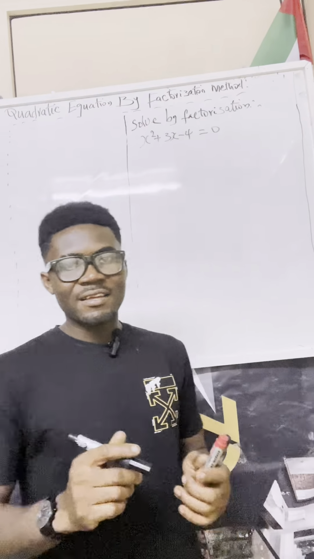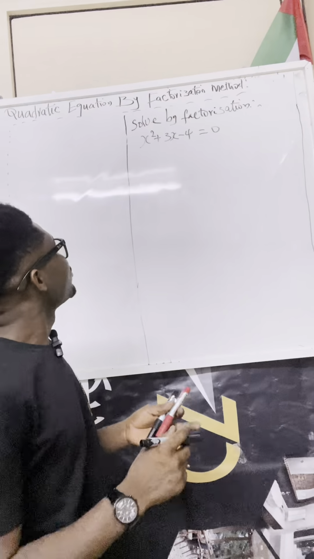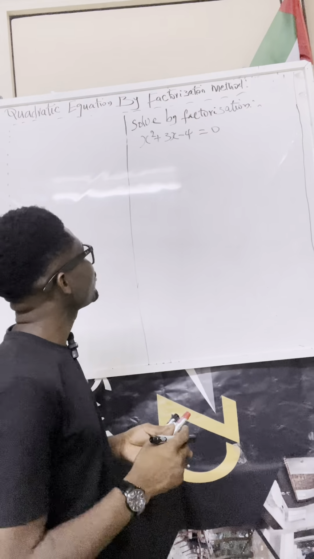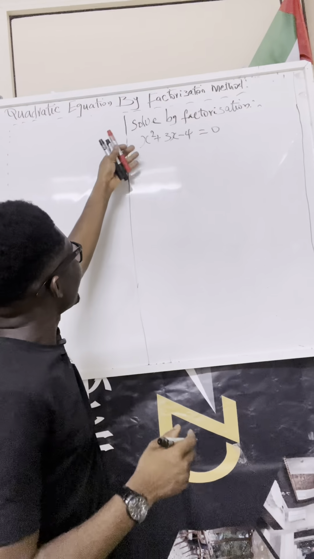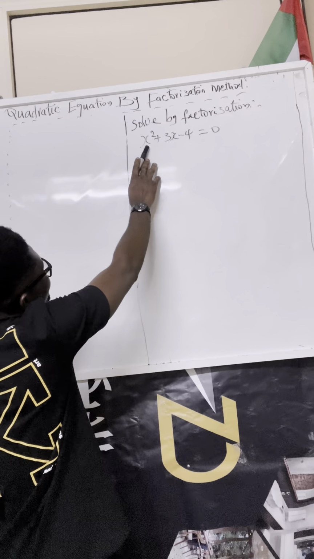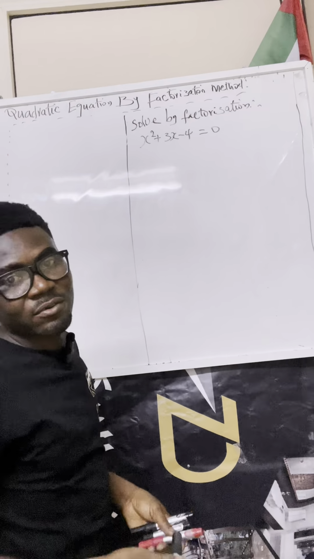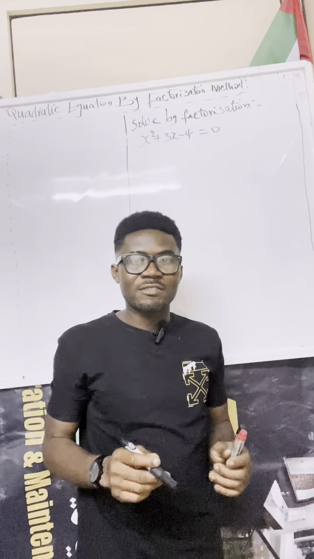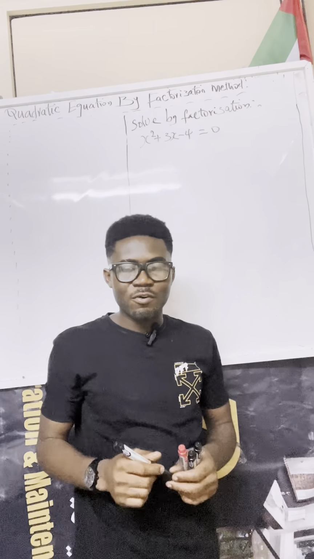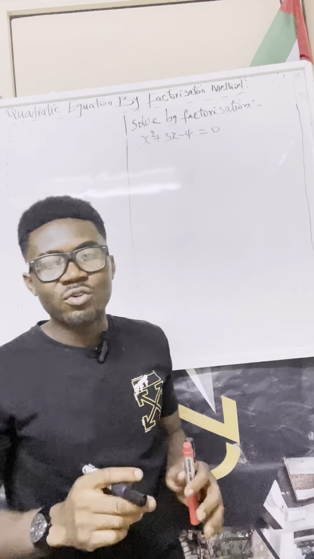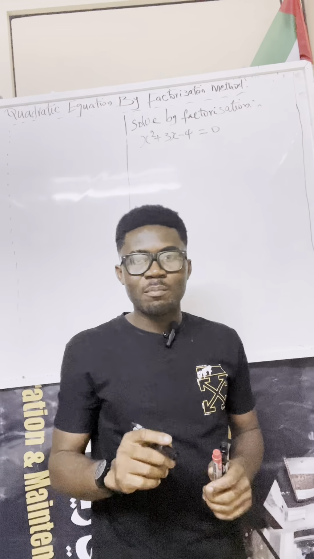So here, the question says: solve by factorization method x squared plus 3x minus 4 equals 0. X squared plus 3x minus 4 equals 0, using the factorization method.